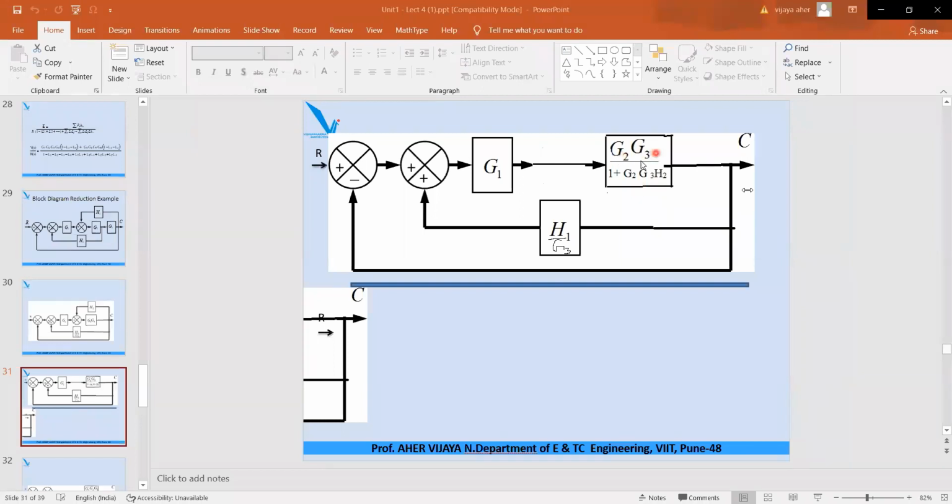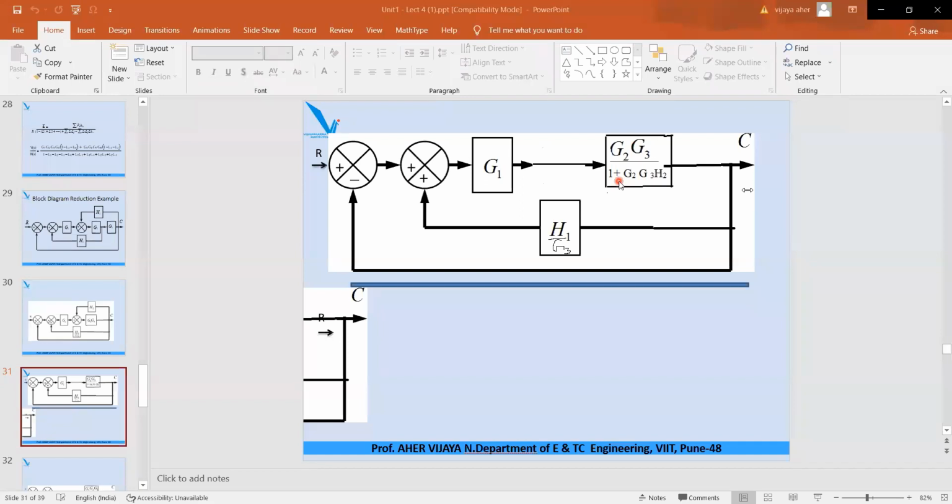So G2 into G3 divided by 1 plus G2 G3 into H2. Why did I take plus? Because the feedback signal has a minus sign, right? So I have written 1 plus by using rule number 9, the block diagram reduction technique. If the feedback signal were plus, we would have taken 1 minus.